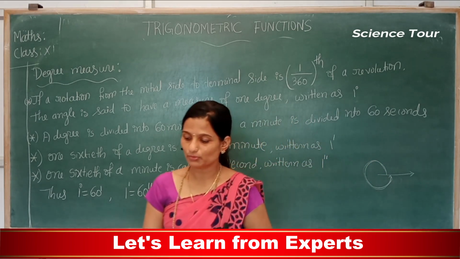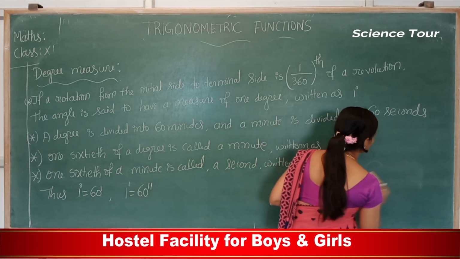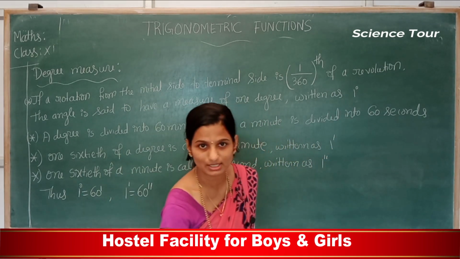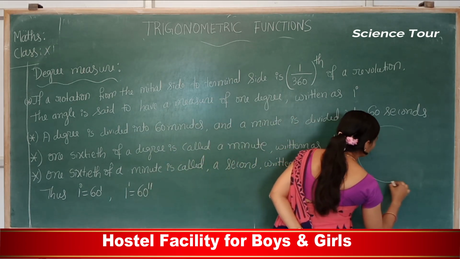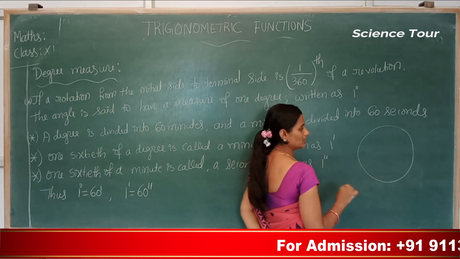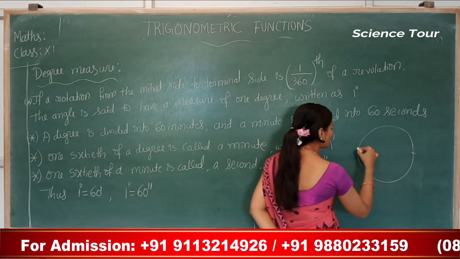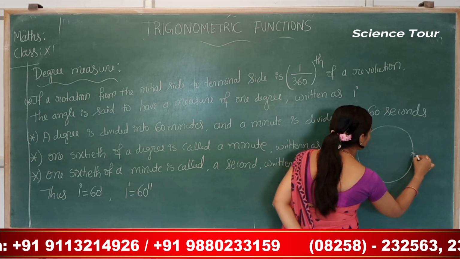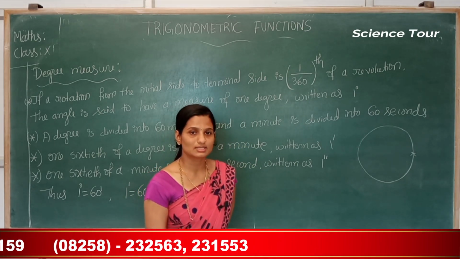The angle of a circle is 360 degree. Suppose it starts from here and goes like this and again reaches the original position, then the total angle is 360 degree.